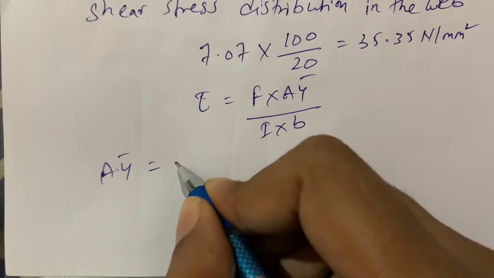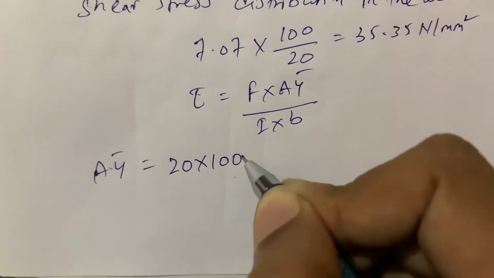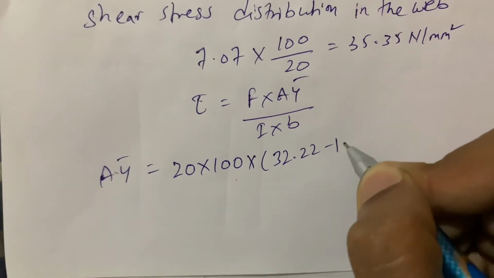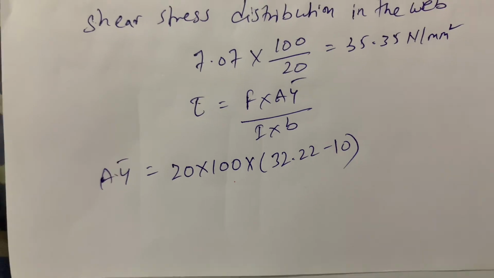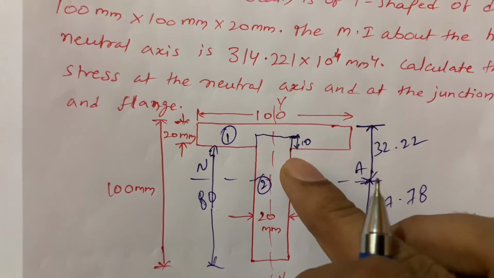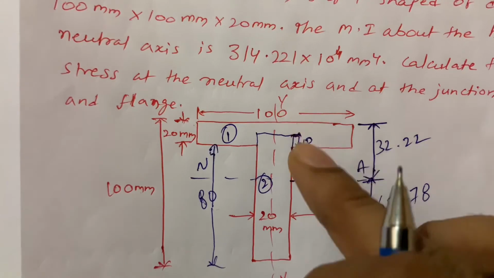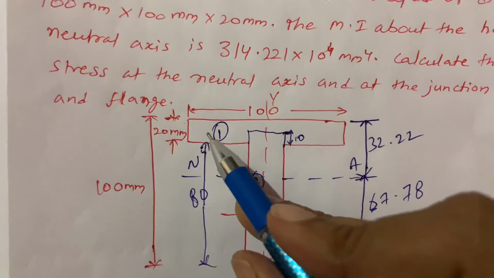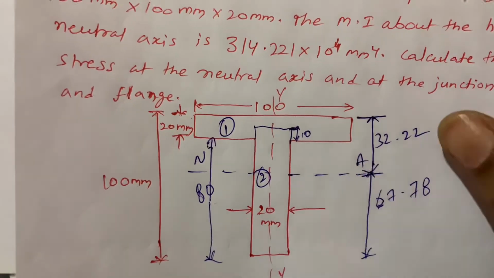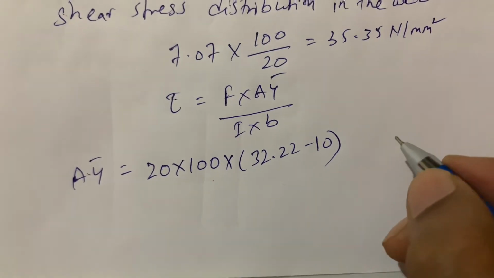First, the moment of area of the flange about the neutral axis is 20 into 100 into (32.22 minus 10). That is 20 into 100, which is the area, into (32.22 minus 10). So we get the moment of area of the flange about the neutral axis.